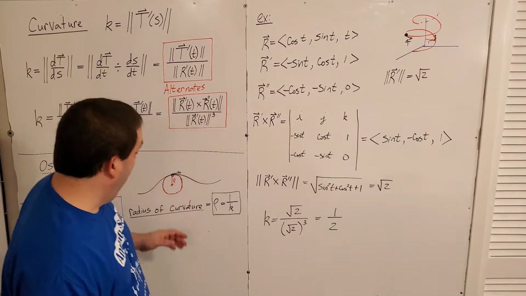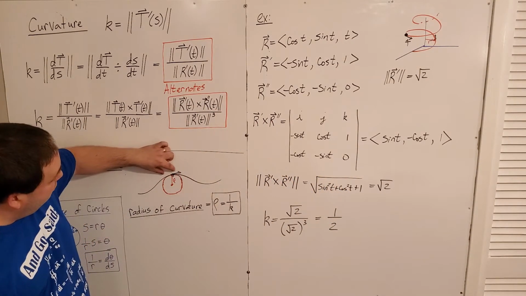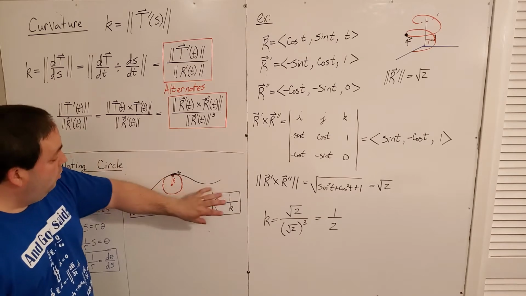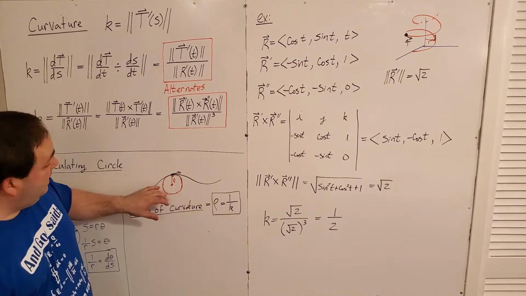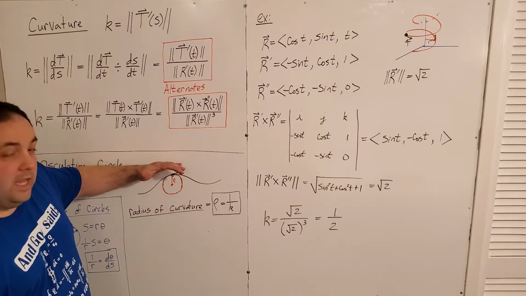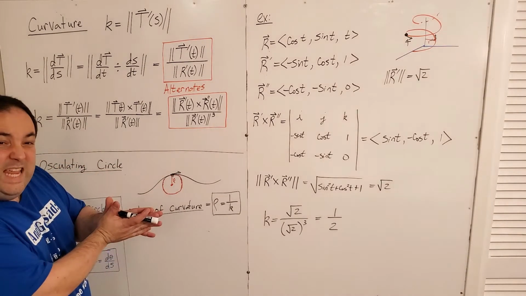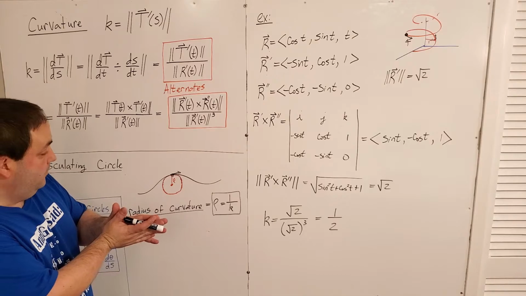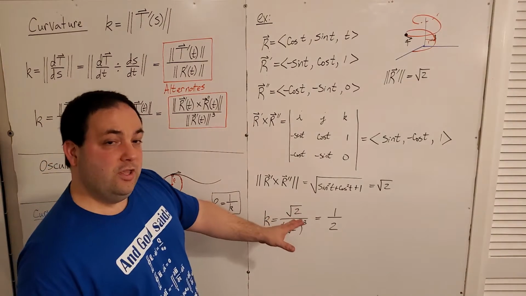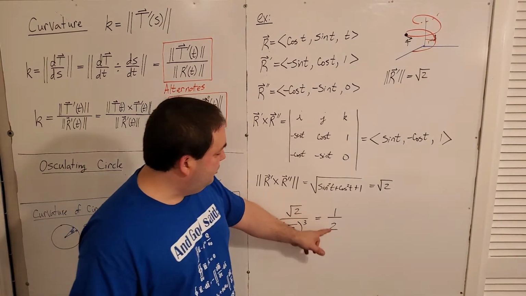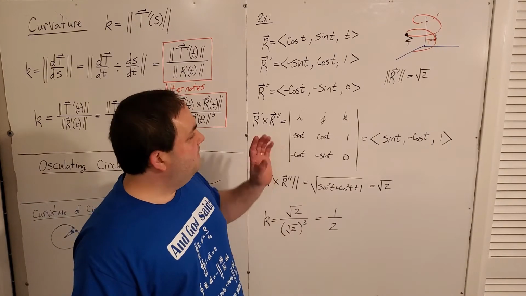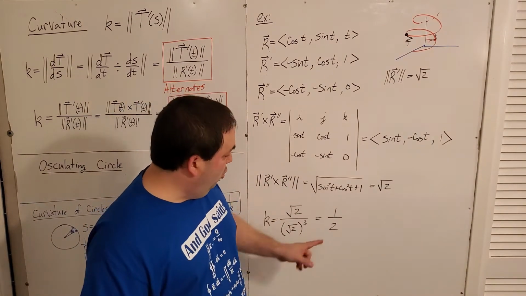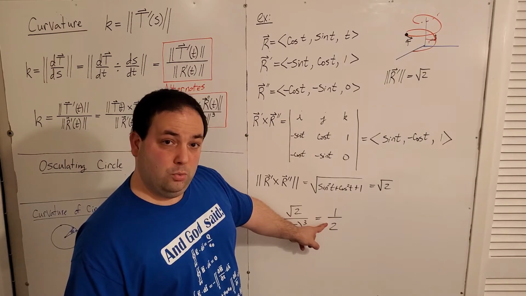So therefore, anytime you know the curvature of something, that's also the 1 over the radius of the oscillating circle that fits snugly into that curve. Okay? So what does that mean over here, you think? The 1 over 2 is a constant curvature. That means you take a circle with radius 2, right?